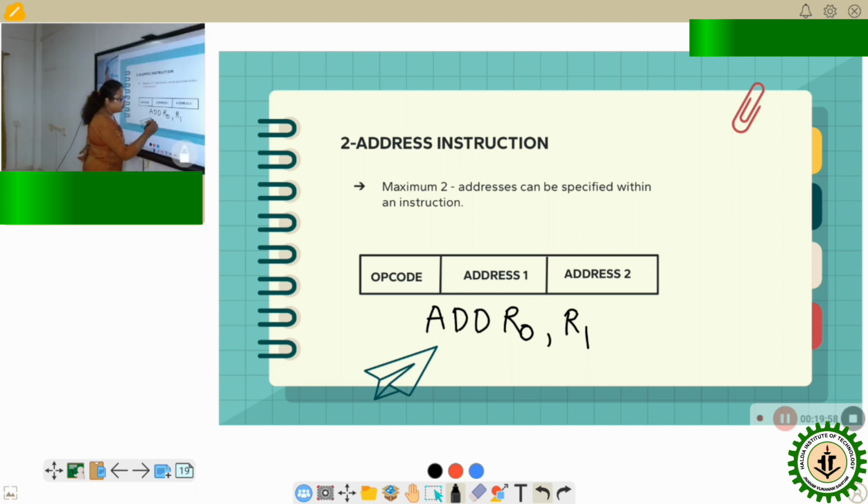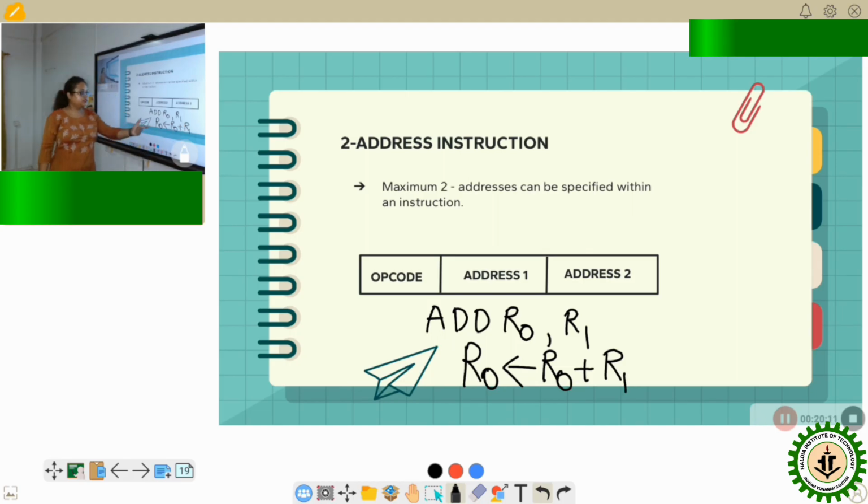I take R0, and in R0 only I am adding R1. So R0 is acting as both the source address and the destination address.